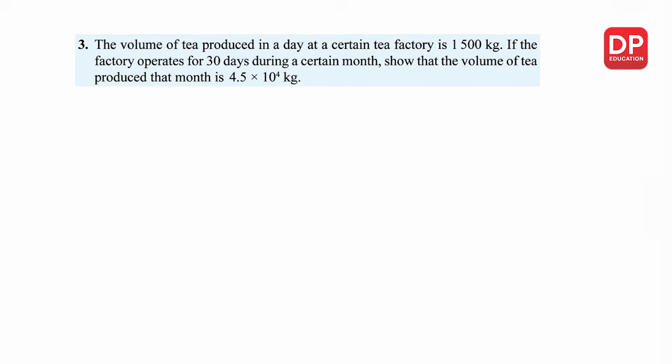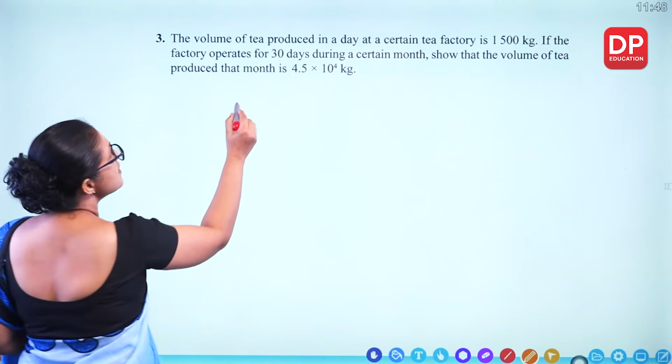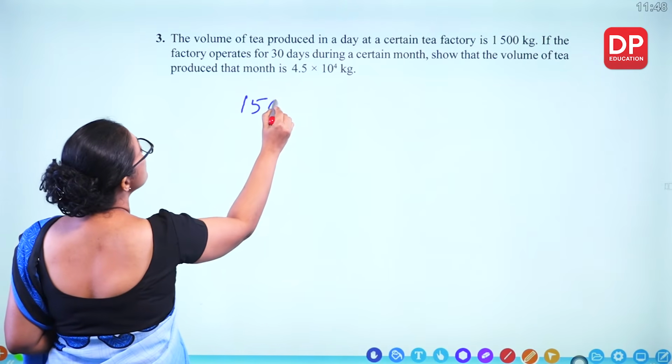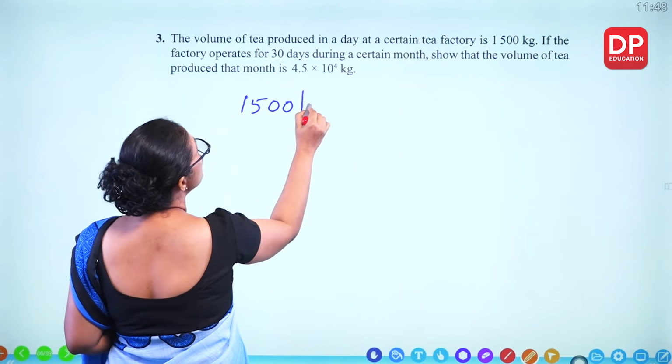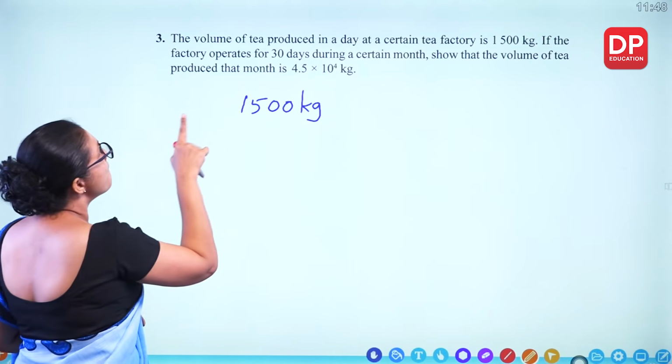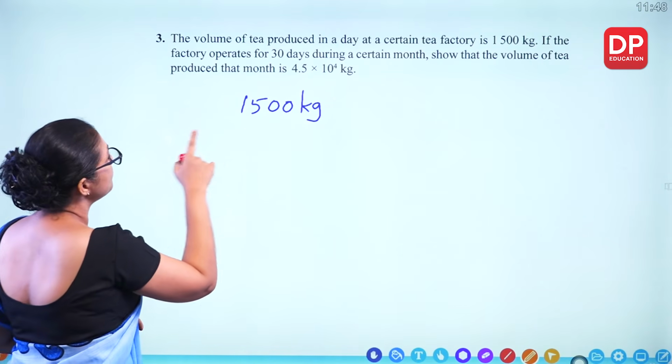Question number 3. The volume of tea produced in a day at a certain tea factory is 1,500 kilos. If the factory operates for 30 days during a certain month, show that the volume of tea produced that month is 4.5 into 10 to the power 4. So this is 1,500 kg per day.